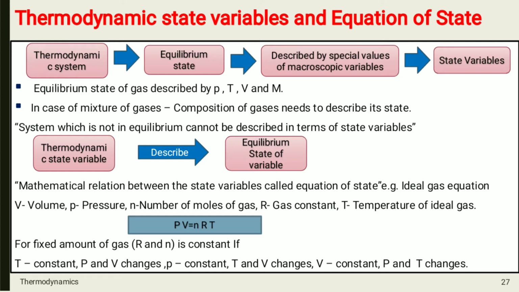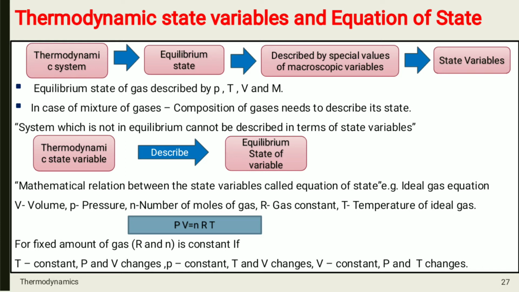If for some experiment or for some thermodynamic system, we are taking a fixed amount of gas, then gas constant R and n, number of moles of gas, are constant for that fixed amount of gas. So, if we keep the temperature of such a gas constant, then pressure and volume of that gas will change.